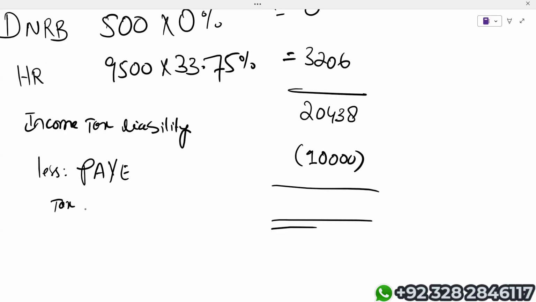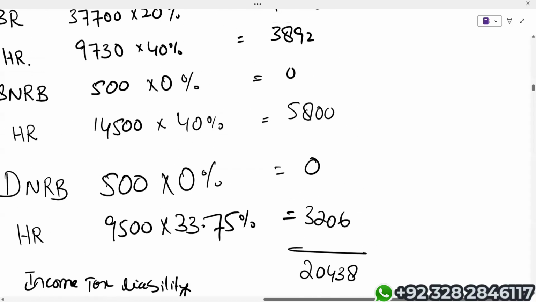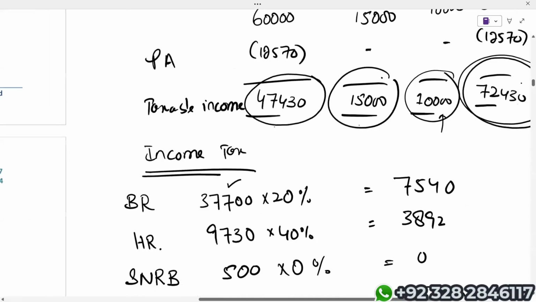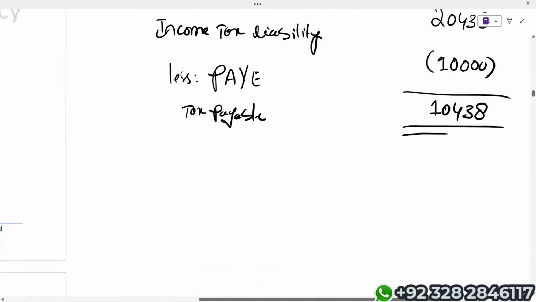So here comes your tax payable, 10,438. I strongly believe each and every step should be clear to everyone. Then PAYE is pay as you earn. Okay.